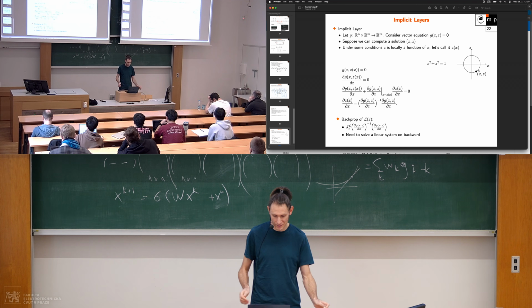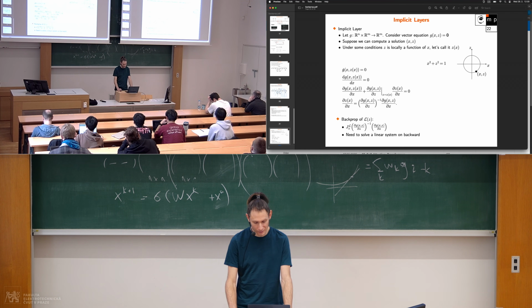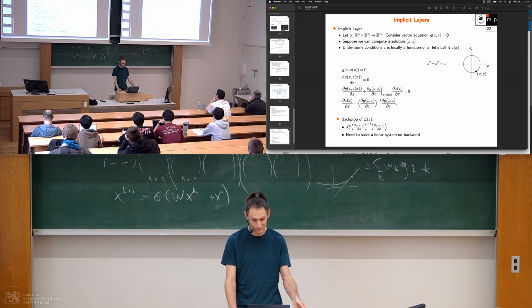And then the trick we do with this is we take the defining equation, and we take its total derivative with respect to x, with respect to the input. If we expand this total derivative, it turns out that we have the partial derivative of the constraint with respect to x, the partial derivative of the constraint with respect to z, evaluated at the current solution that we have, and the derivative of this z, which is this implicit function, with respect to x.